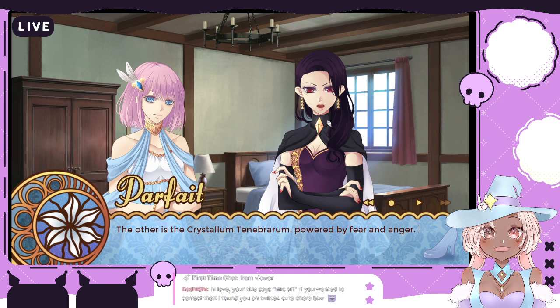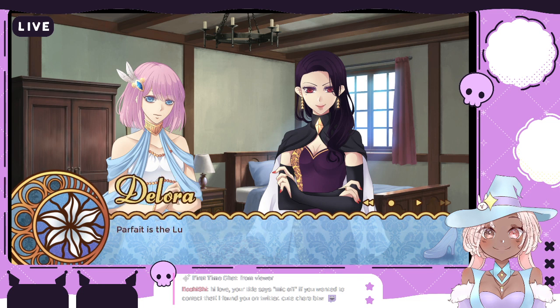The other, oh my gosh, which one do I? Okay. The other one is the Crystallum Tenebrae, powered by fear and anger. The strongest of the witches is the Tenebraeum Bearer. The strongest of the fairies is the Lucius Bearer. Parfait is the Lucius Bearer.